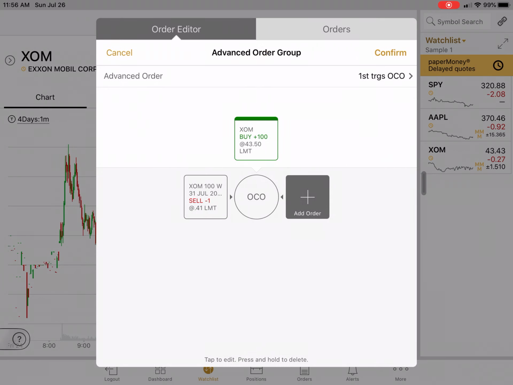Now notice the green square, it says Exxon buy 100 shares at $43.50. That's a limit order. That's my trigger, or that's my initial order. Once that happens, the second order will take place, and that is to write one contract or sell one contract of Exxon with a maturity call option with a maturity of July 31st at a price of 41 cents.